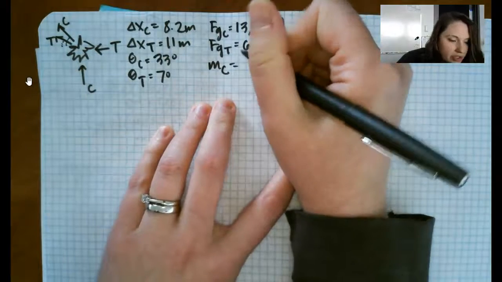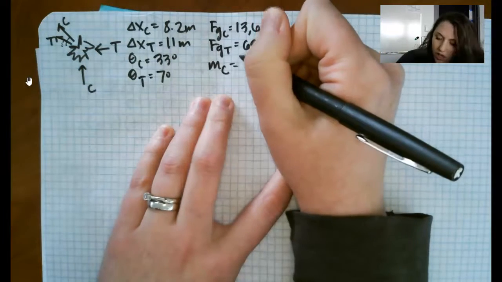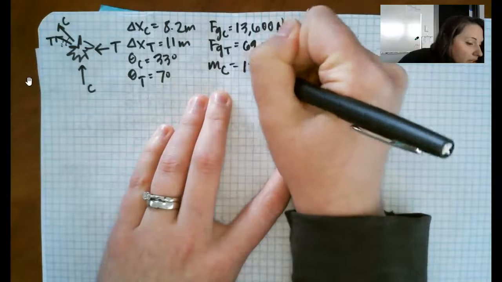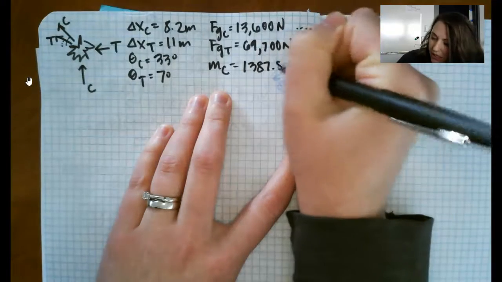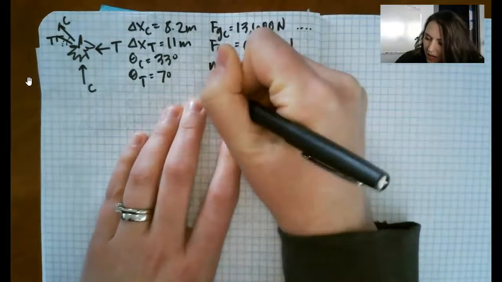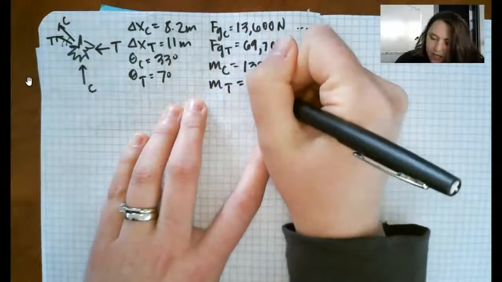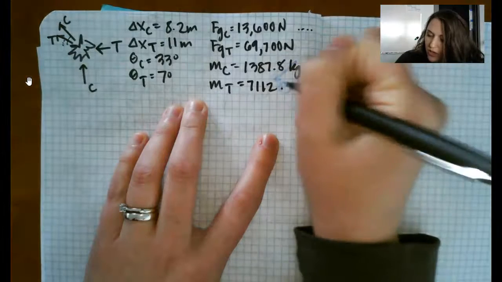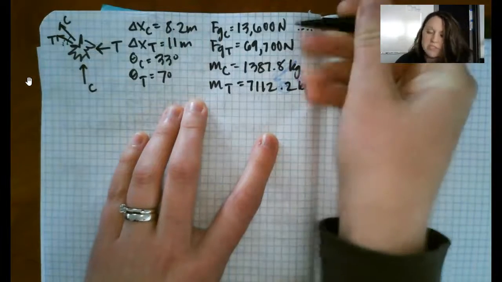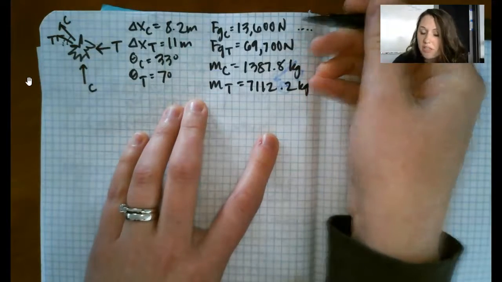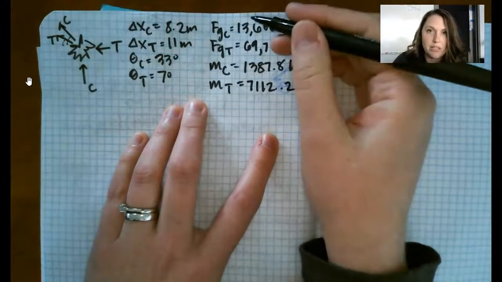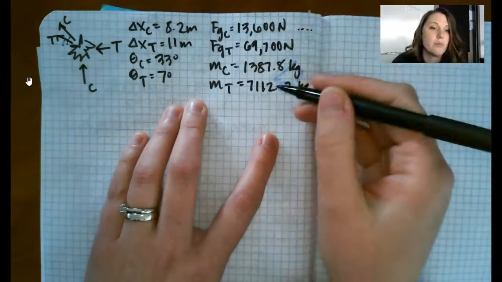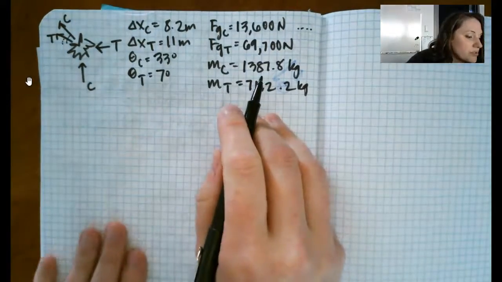So simple division there tells me that the mass of the car is going to be 1,387.8 kilograms. The mass of the truck is 7,112.2 kilograms. So again, that's just by taking this force of gravity divided by the acceleration of gravity to figure out what the mass is that would result in that force.